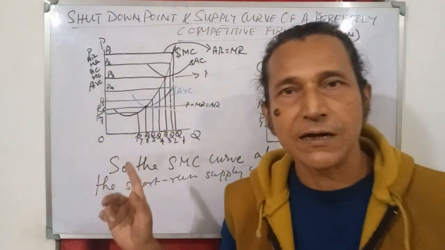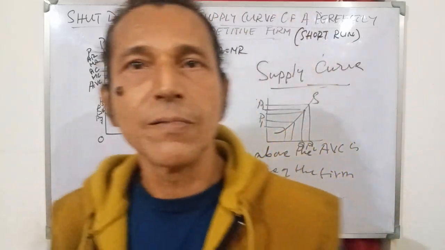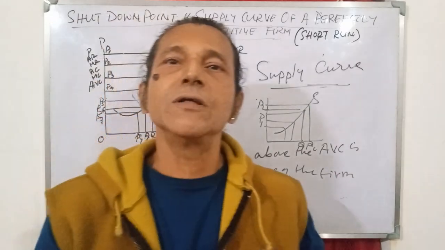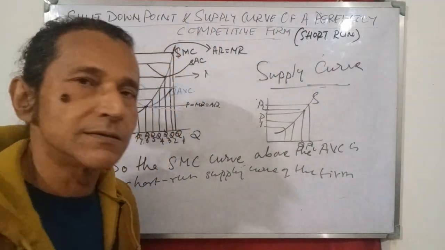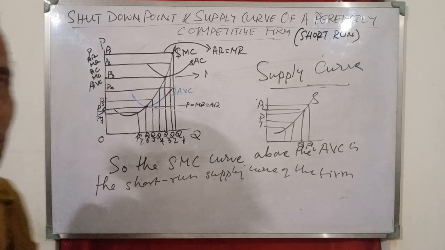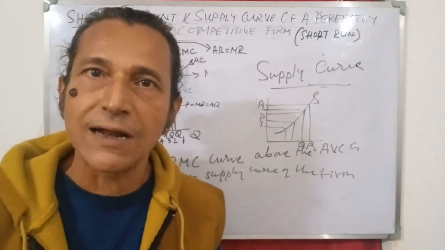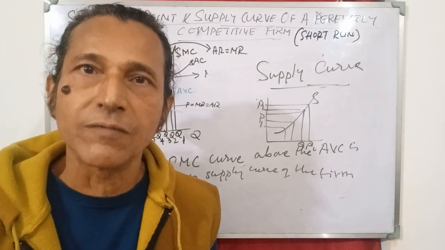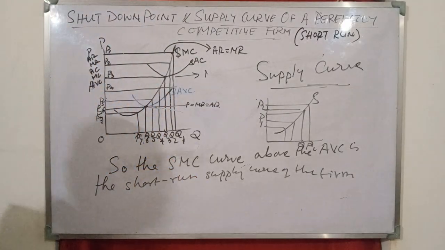It shows the different combinations of price and quantity, that means what will be the quantity supplied at a particular price level. Hence, the portion of the short-term marginal cost curve that lies above the minimum point of short-term average variable cost curve is indeed the short-run supply curve of a perfectly competitive firm. Okay?